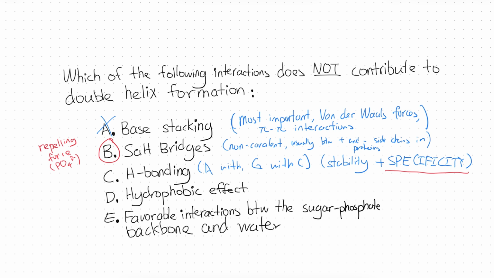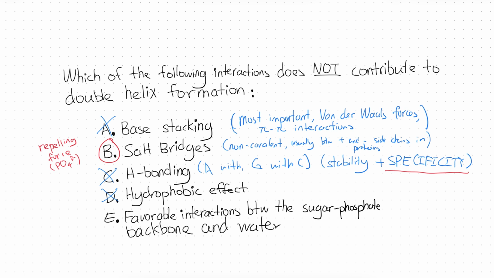So this one is also very important, right? Because of the hydrophobic effect, we have the bases in the inner part of the double helix, and the sugar phosphate outside of the double helix. And it plays a very important role in twisting the entire structure into a double helix.